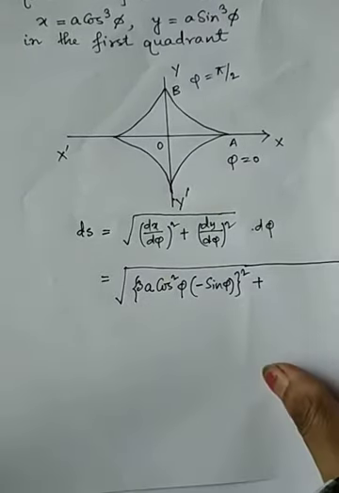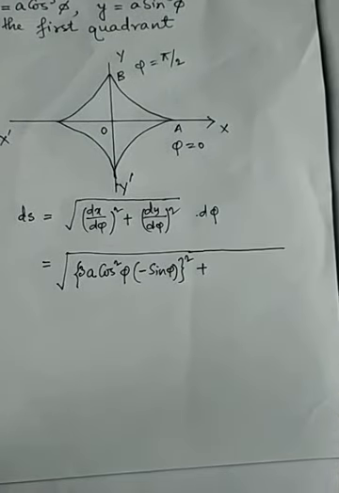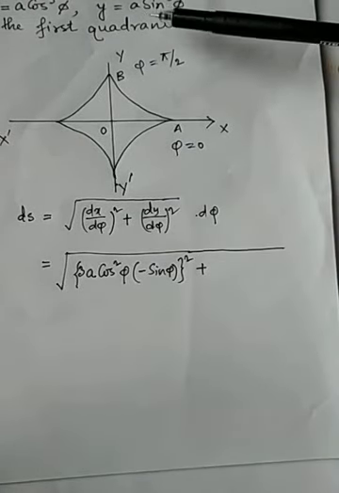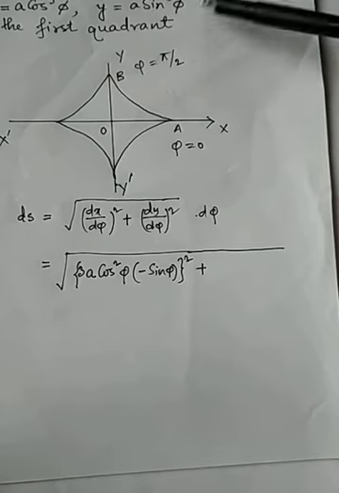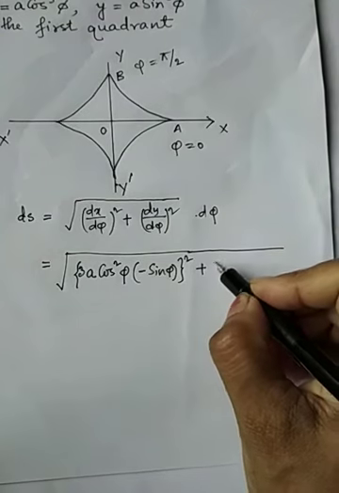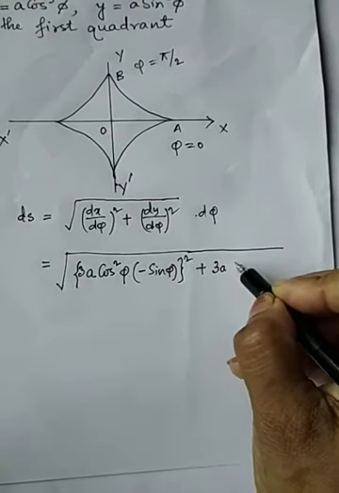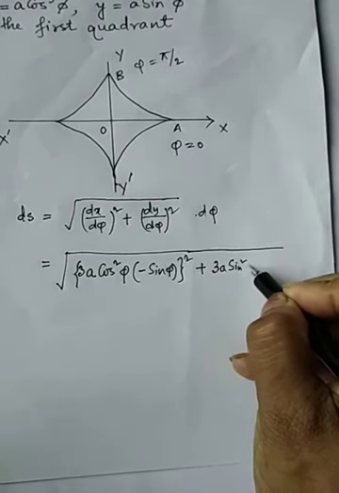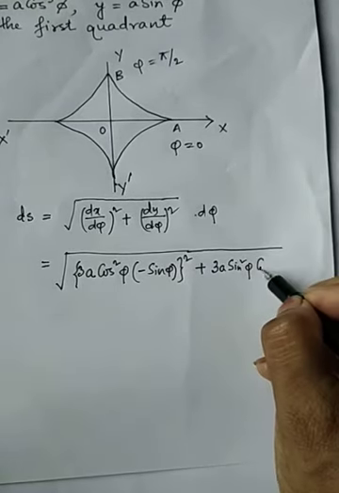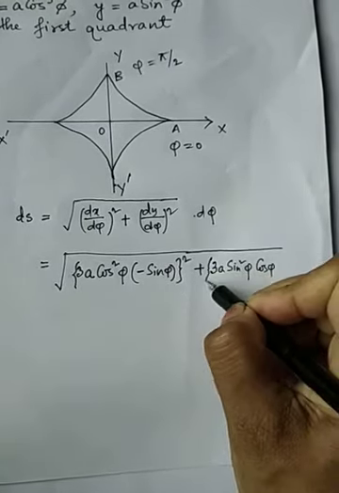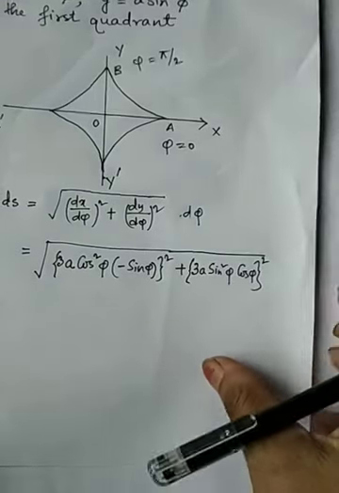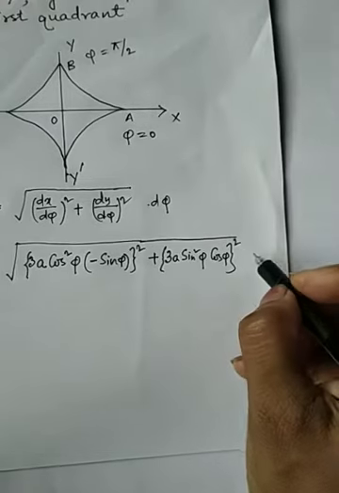plus (dy/d phi). So look here, y equals a sin cube phi. If you do the derivative of y, then you will have 3a sin square phi, and the derivative of sin phi is cos phi, the whole thing squared, and d phi.